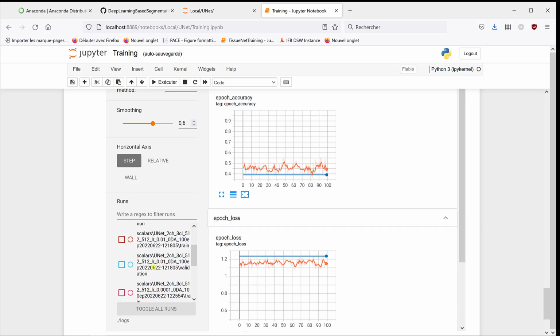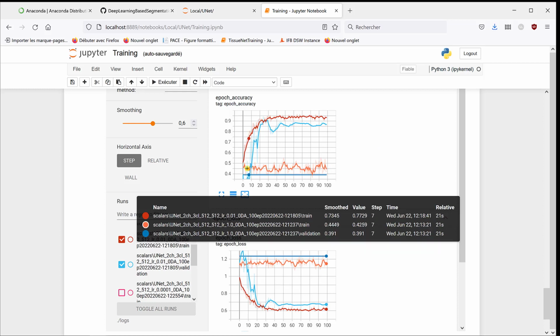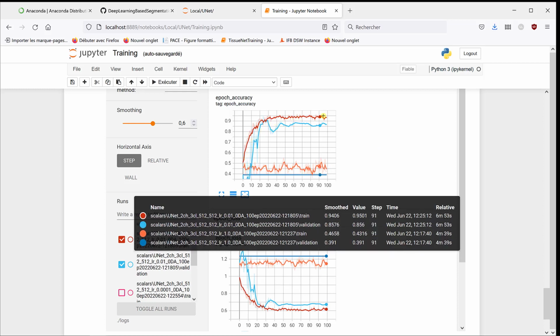So let's have a look at the results with a learning rate of 0.01. Now we see that it's much better. So the training is in dark red, the validation is in cyan. We see that the training is converging. When we look at the accuracy, it goes from a low value to a high value, around 0.93.